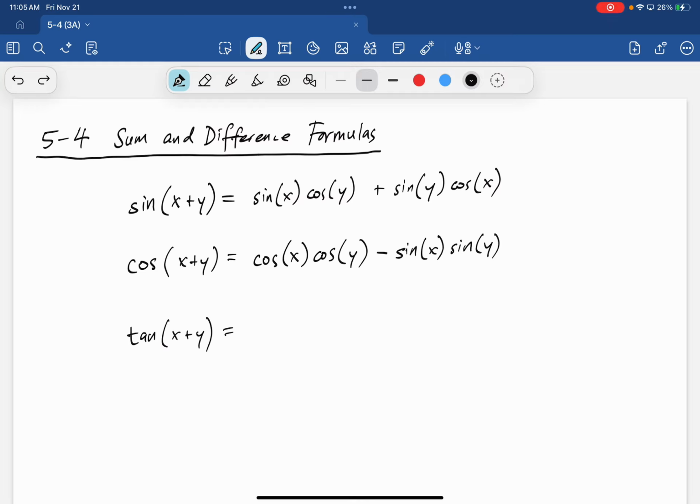And then the formula for tangent is unfortunately nothing like these formulas. The formula for tangent is tan x plus tan y, oh, so easy, right? Oh, no. Tan x plus tan y divided by 1 minus tangent x times tangent y.